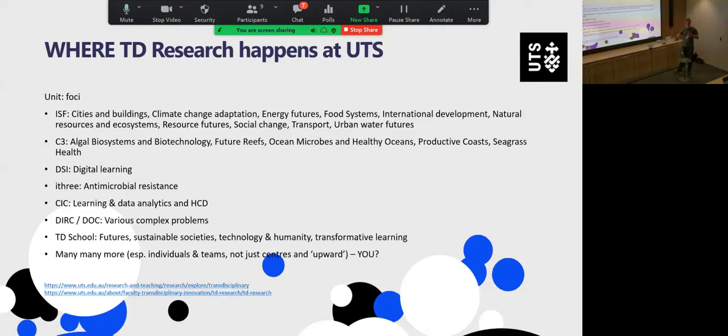Antimicrobial resistance is also one of these big things. It's not just about the bacteria, but it's the use of methods and processes to contain that. KIC has mentioned in there human-centered design versions of learning and data analytics.